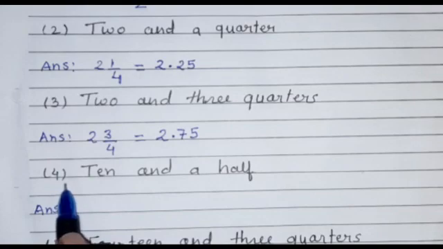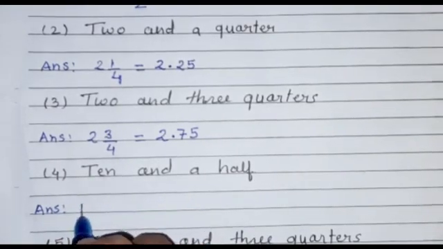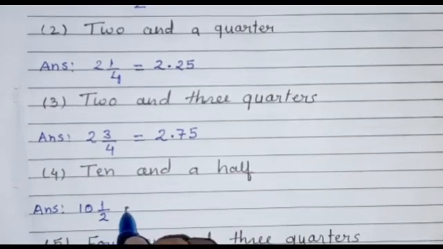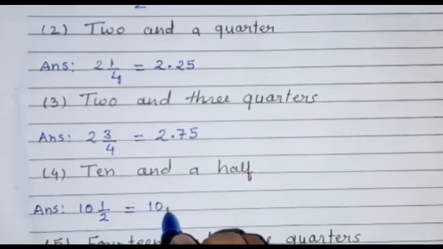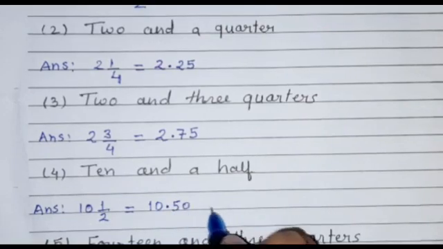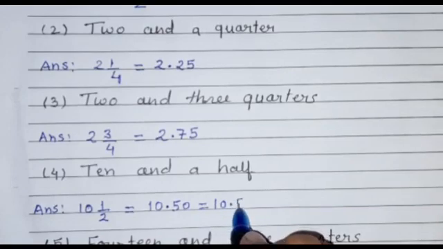Next one, fourth one, 10 and a half. 10 and a half means 10 and 1 upon 2. Now in decimal 10 is written as it is, and 1 upon 2 means 0.50. It is also written as 10.5.